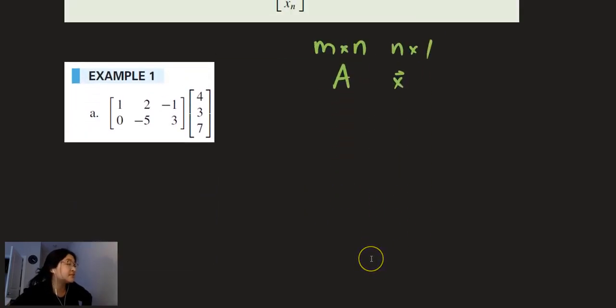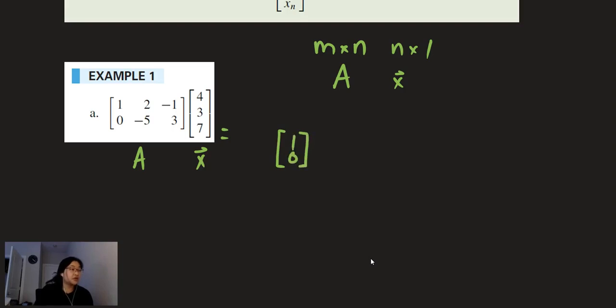So, for example, if we have a matrix A with the entries 1, 2, -1, 0, -5, 3, and we have this 3 by 1 matrix X, that means that in order to multiply, we are going to weight our columns of A with the corresponding weight of X. So this is X1, X2, and X3.